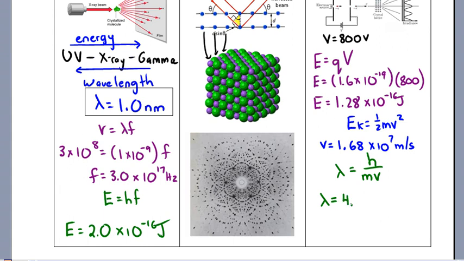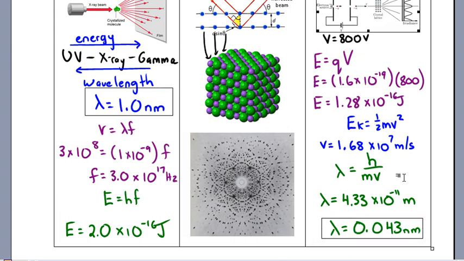In this case, it ends up being around 4.33 times 10 to the negative 11 meters. Kind of awkward to write like that, but if you write it in nanometers, that ends up being 0.043 nanometers. Pretty tiny. You know, maybe we should be talking about picometers at this point.